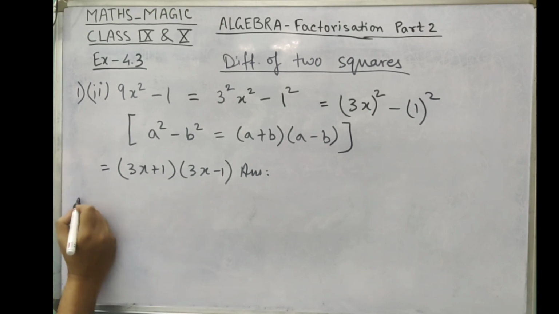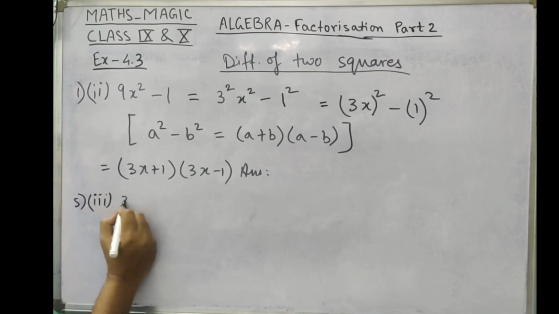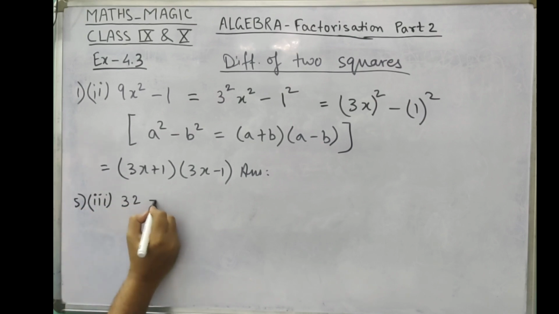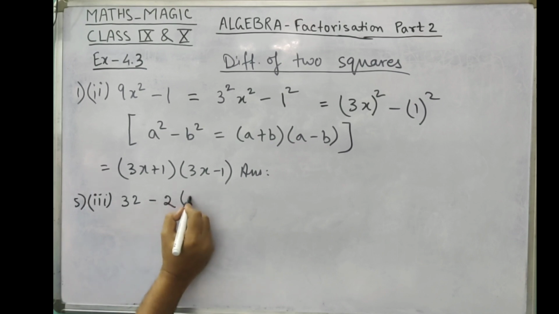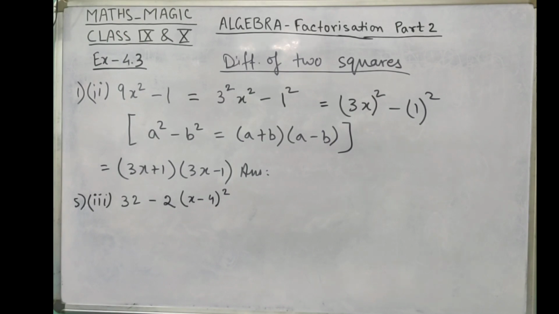Okay, now let us do sum number 5 part 3. We have 32 minus 2 times x minus 4 whole square. Now here I cannot make 32 a square of something. So what will I do?